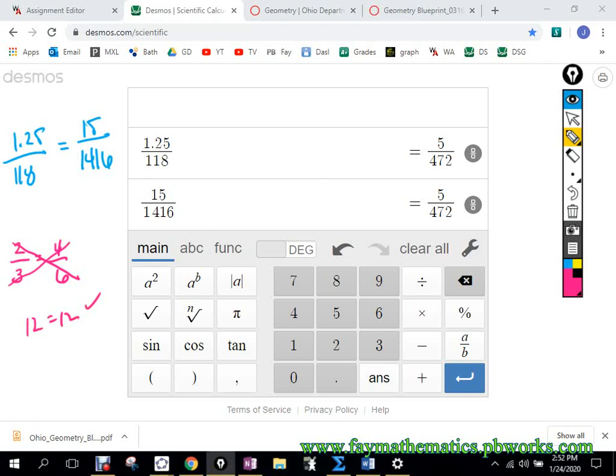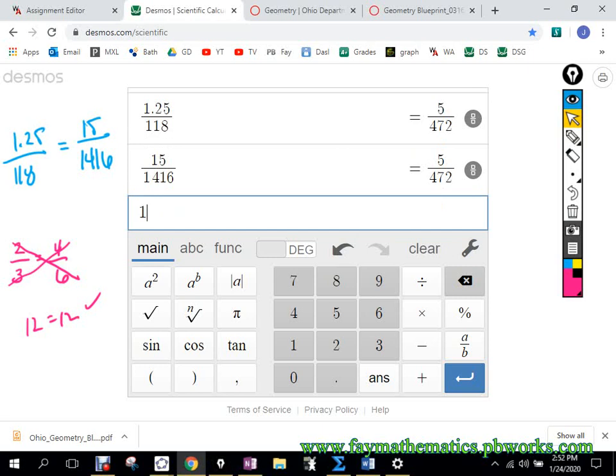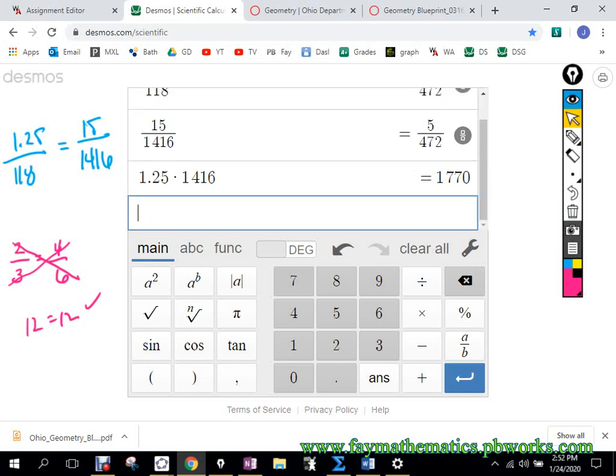So if we take 1.25 times 1416, that gives me that number. Take 118 times 15, you get the same number. So that tells you that those are 2 acceptable versions of the same amount.